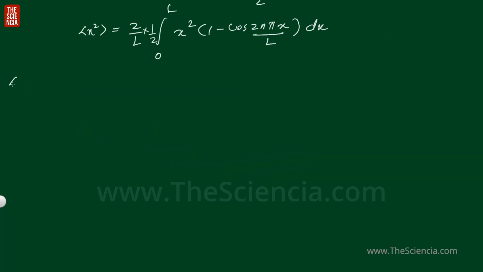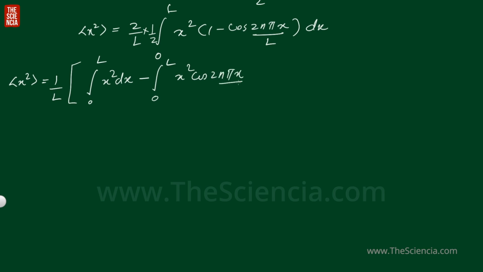That is, expectation value of x square is equal to 1 by L into integral 0 to L x square dx minus integral 0 to L x square cos 2 n pi x by L into dx. Here also we can use the earlier trick to solve this integral. What is the trick?